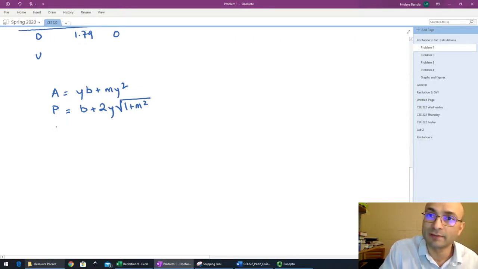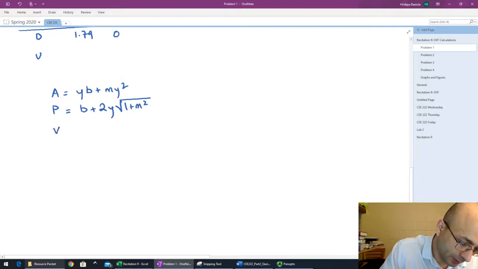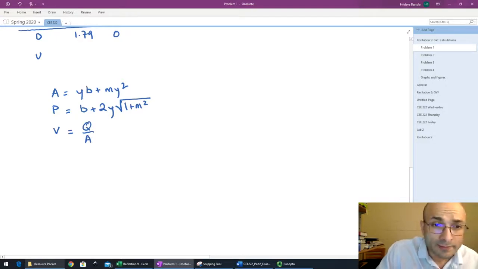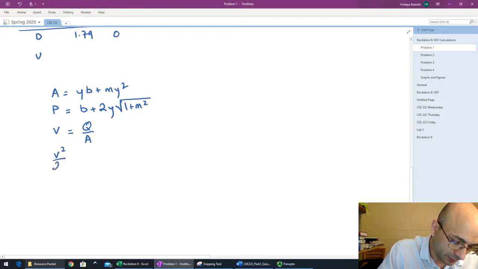Since we are already given the discharge and we calculate the cross-sectional area, we can also get our velocity. Velocity is going to be Q over A. Once we get velocity, we can then get our velocity head, v squared over 2g.